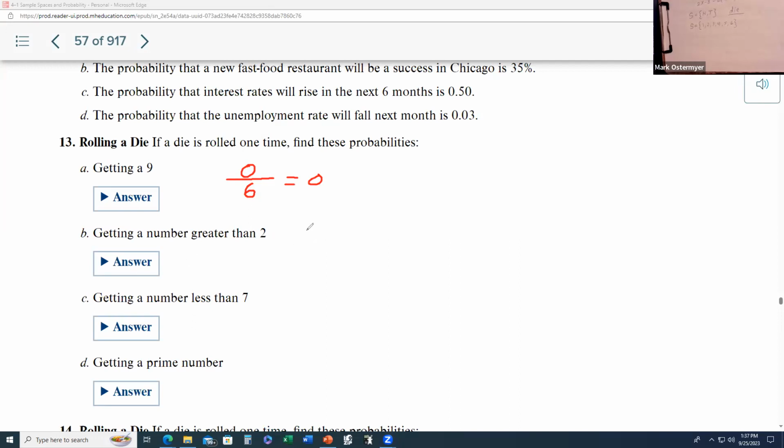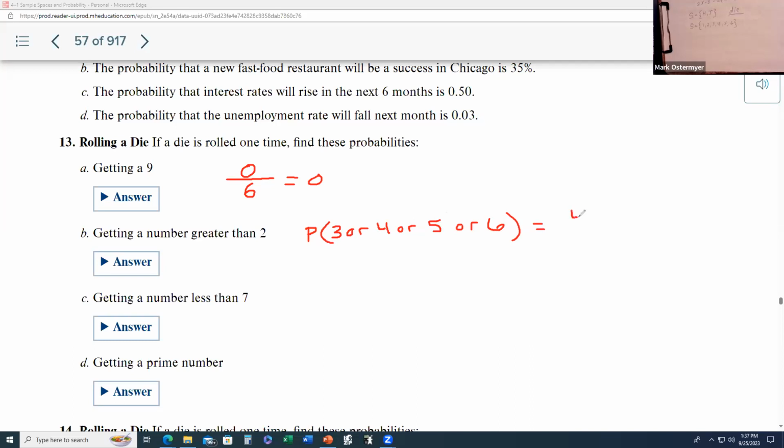B, getting a number greater than 2. What's the probability of rolling a number greater than 2? Well, to roll a number greater than 2 means you'd have to roll a 3 or a 4 or a 5 or a 6. How many ways can this compound event occur?